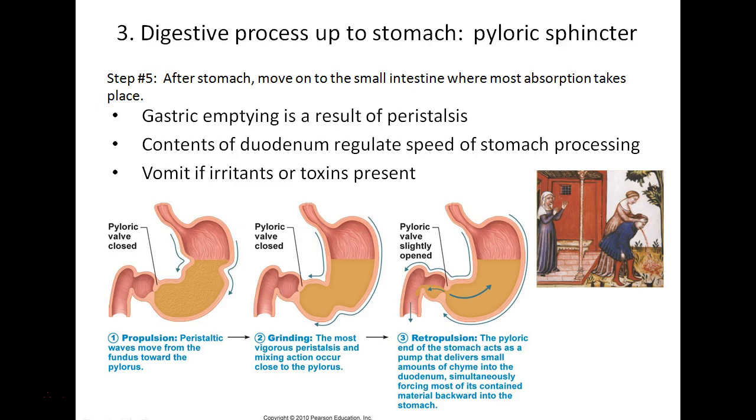That's done because it's able to squeeze that food past that pyloric sphincter. And lastly, we see that if there are toxins present in the human body or irritants in that stomach, a natural reaction is to quote unquote vomit. That is a way that we rid the body of the contents of the stomach.